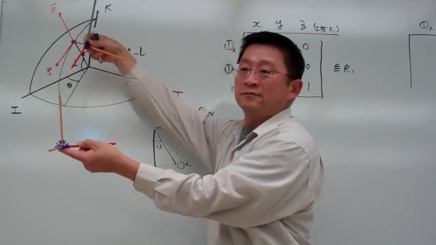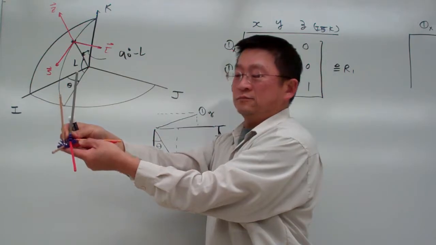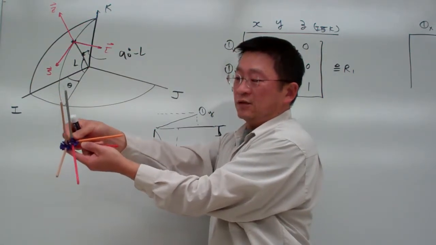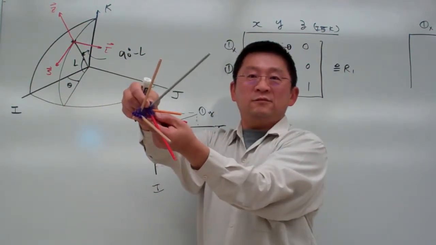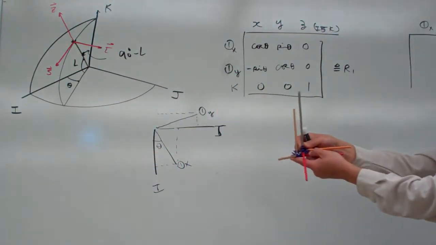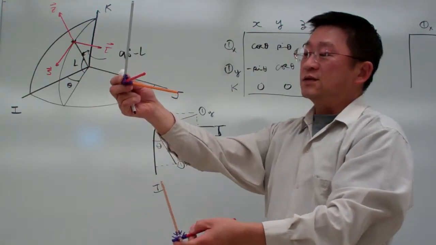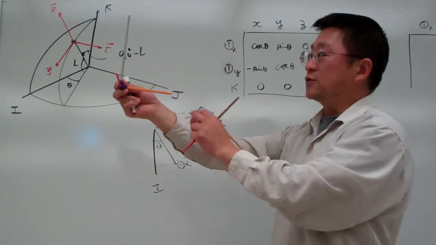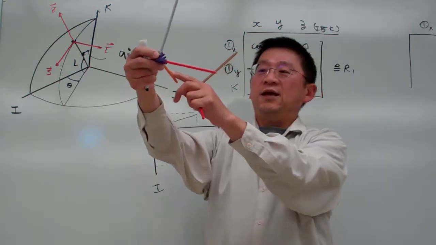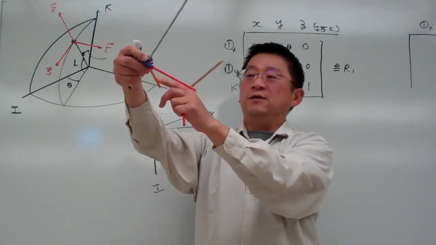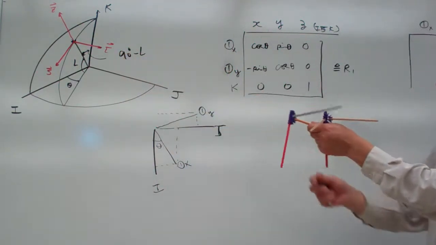Okay? From here to here. Okay, so under this situation, you can see right now for these systems, we simply rotate about this axis and by this amount. Okay? So this is about this one.